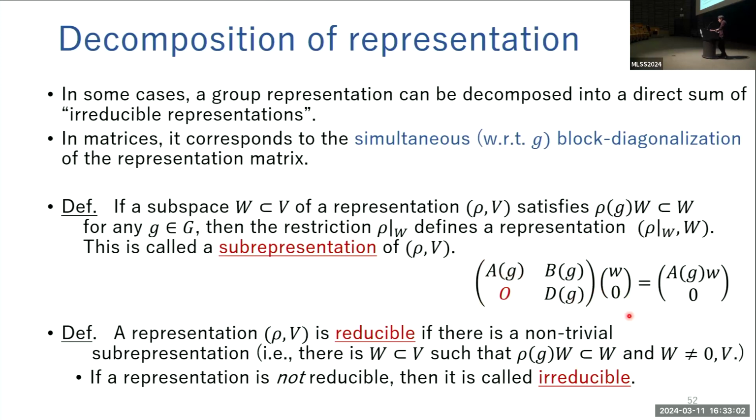This part should be 0, because if we plug an element of the subspace W in, this second part should be 0 because of the restriction condition in the definition. So this part can be 0.